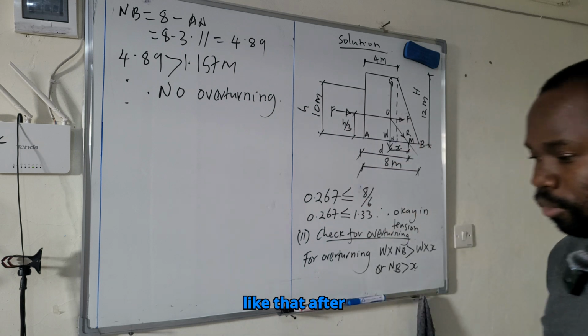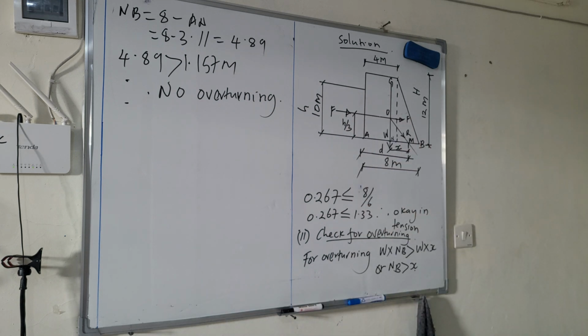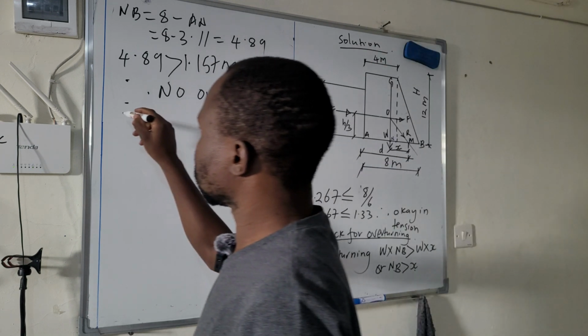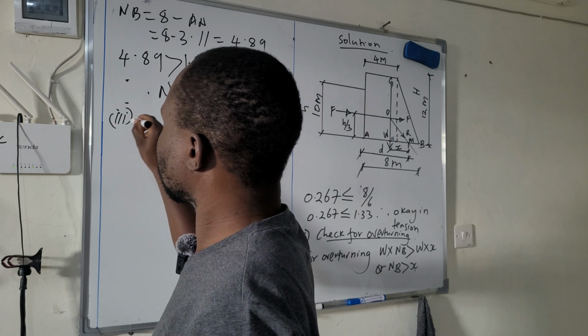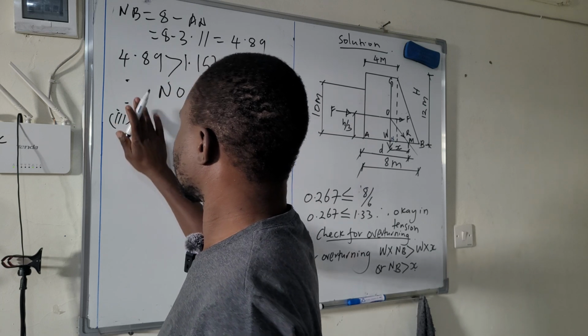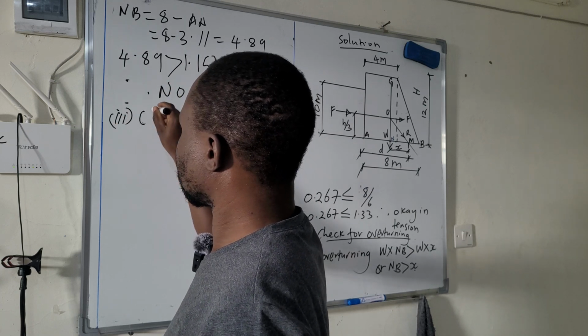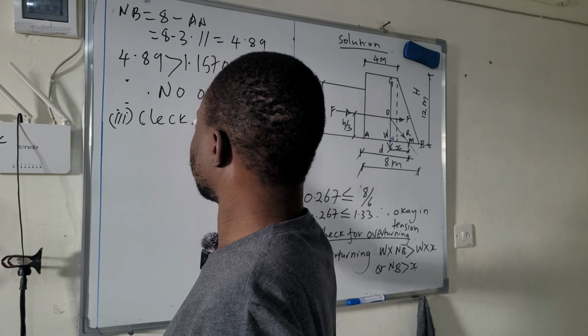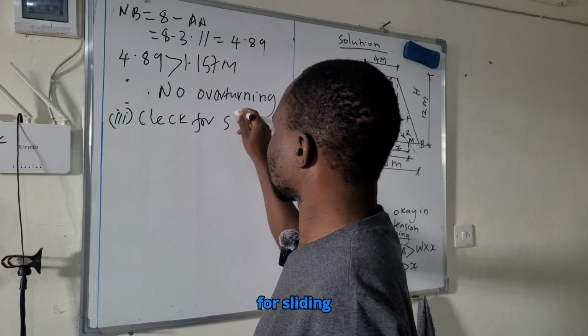After checking for overturning, we now proceed to checking for sliding. So Roman 3, check for sliding.